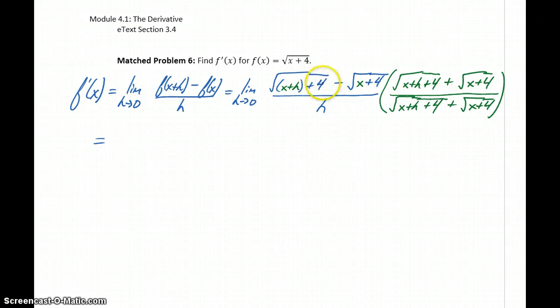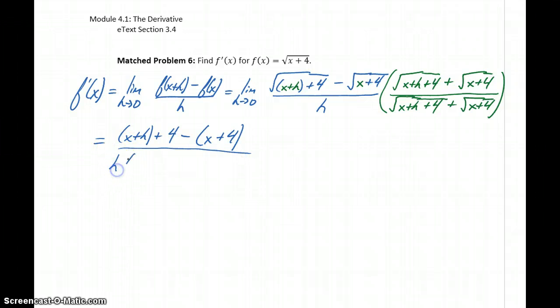So again, we'll use the FOIL method. We'll expand out the expression that we have in the numerator, which will give us x plus h plus 4 minus x plus 4, all over h times the square root of x plus h plus 4 plus the square root of x plus 4.